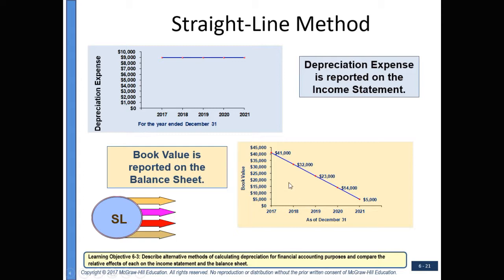You'll see that the book value of the asset drops over time, whereas with the straight line method, the expense is the same every period. Because that is the case, there is a linear decrease in the net book value of the asset over its life.